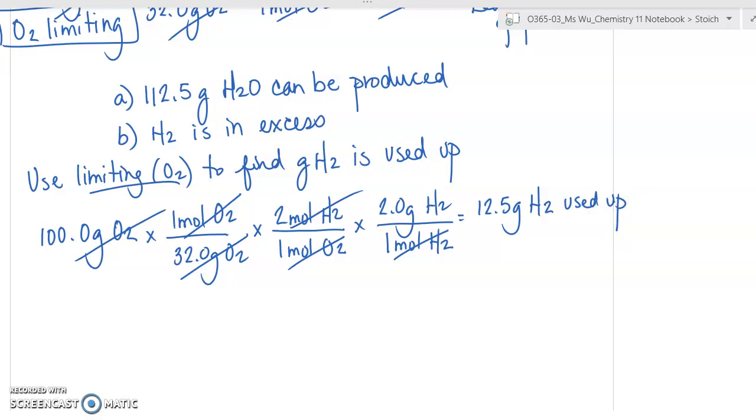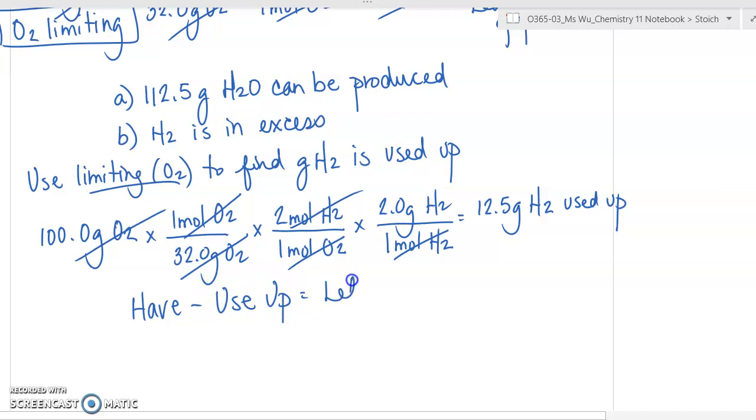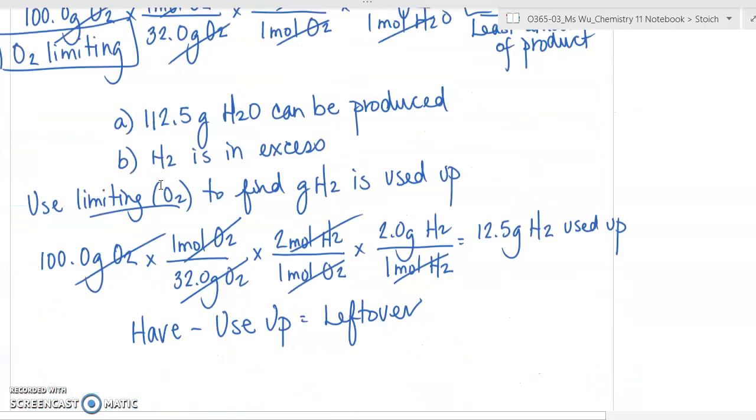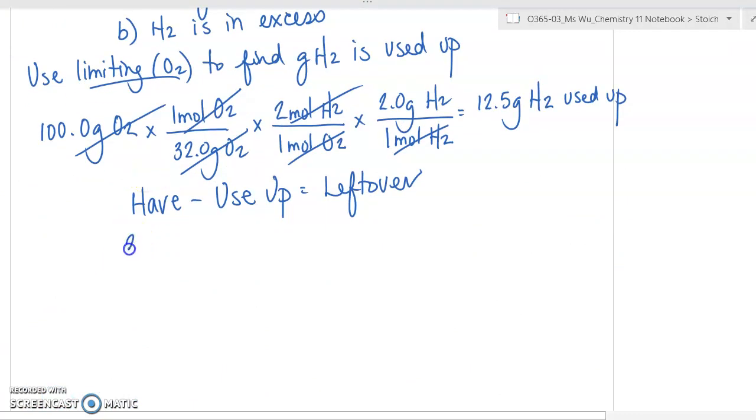So to answer our question, how much hydrogen is left over? Well, what do we have, and how much are we going to use up? Leftover is how much we have, subtract how much we're going to use up. We had started with 20 grams of hydrogen.